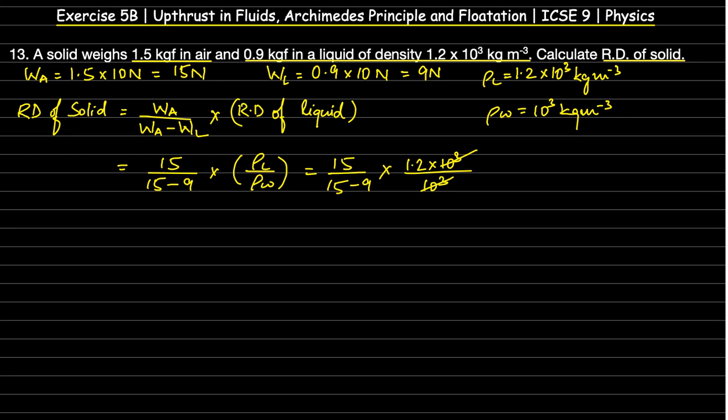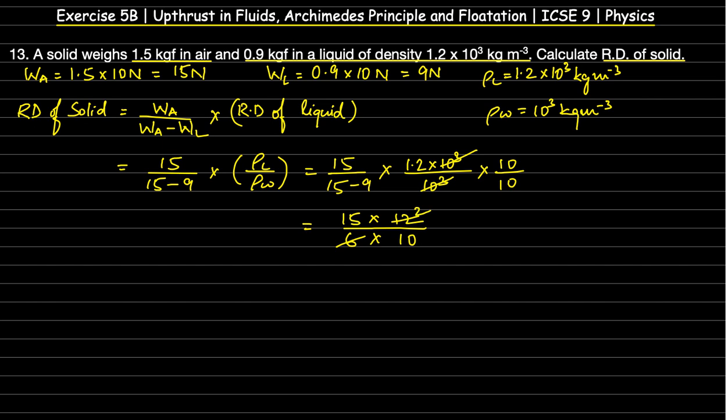So we multiply numerator and denominator by 10 so that the decimal will not be there. So we get this as 15 into 1.2 into 10 gives us 12 divided by 15 minus 9 gives us 6 into 10. Now 6 2s are 12.